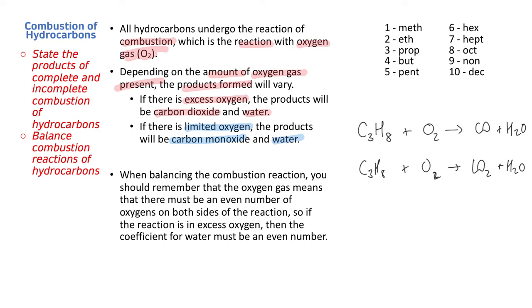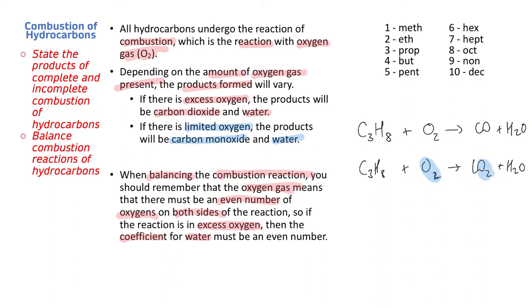One thing to note is that when balancing a combustion reaction, the oxygen gas means that there must be an even number of oxygens on both sides. Therefore, if you're reacting in excess oxygen, the coefficient of water must be an even number. Let's look at why. O2 means that whatever number of oxygens on the left is going to be even.